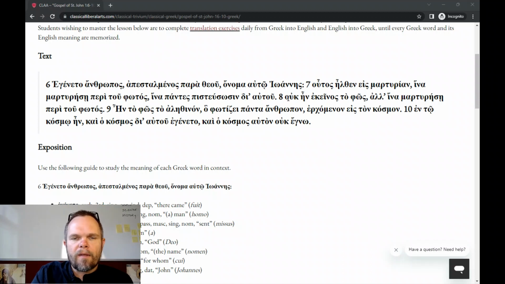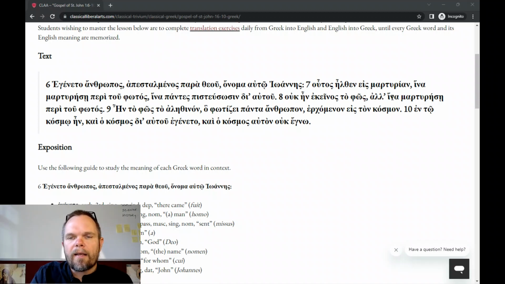Verse 8. Uk, notice the diphthong, omicron upsilon is pronounced u. Uk ein, ekeinos, to phos.